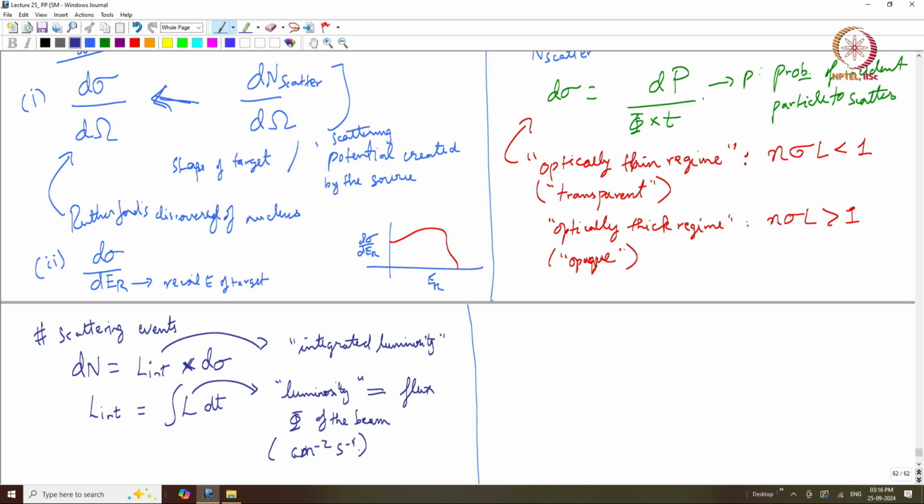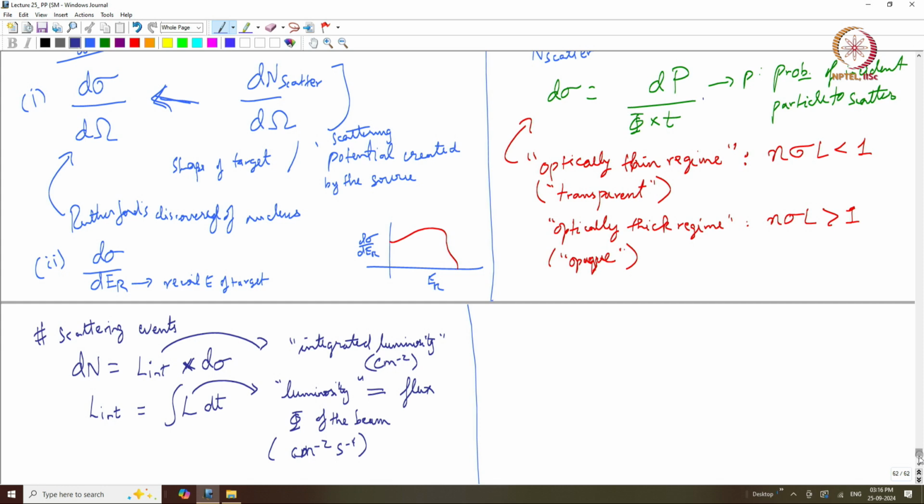Since you now integrated over this, what should this be? The units, this is just inverse centimeter squared. Of course, you can also see this from the equation on the left itself. On the left hand side, I just have the total number of scattering events, which is a unitless quantity. Since I have a cross section on the right hand side, the integrated luminosity should have inverse centimeter squared, right?